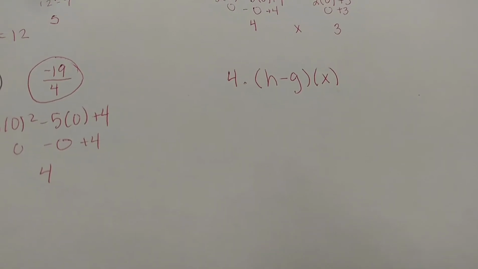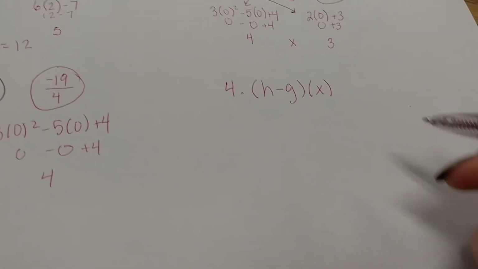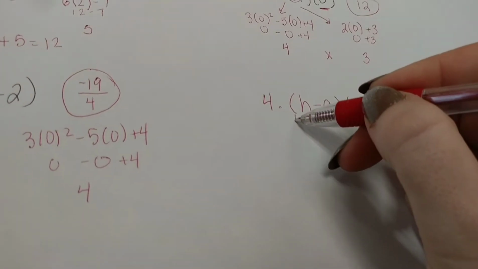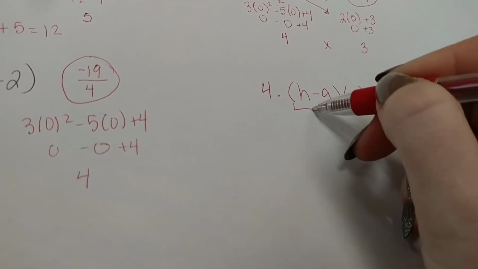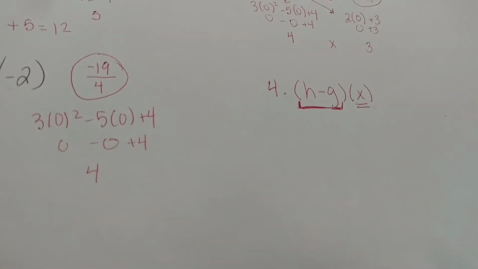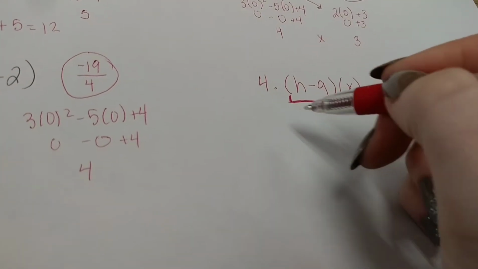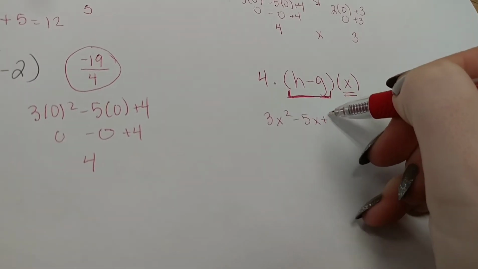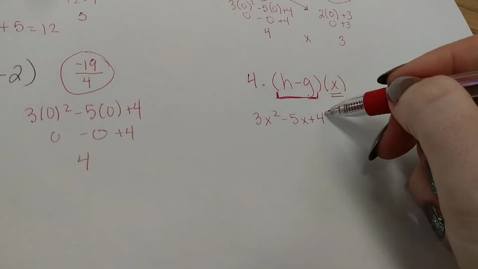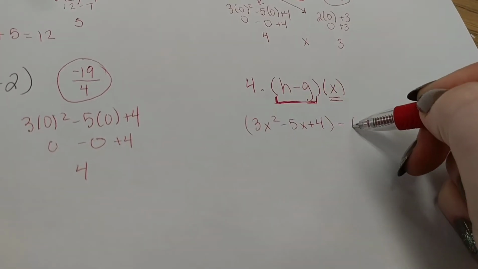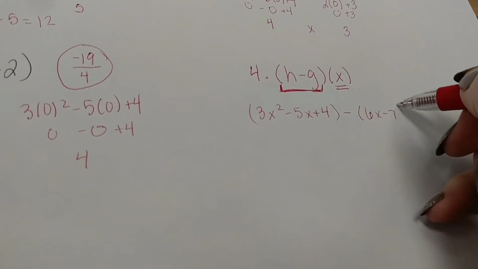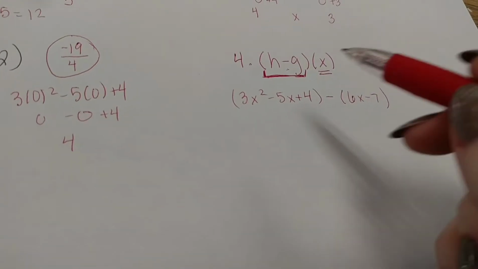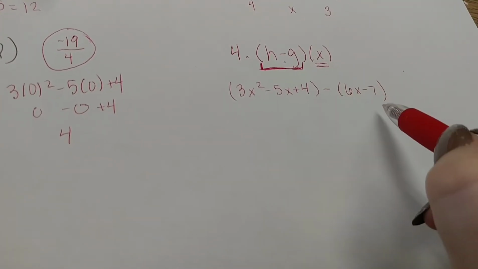Okay, another example, h minus g at x. This time we have a variable in the parentheses. If you have a variable, that means you must do the math first. A little bit of an extra step, but not so much. So we're going to go to h. In this case, h is 3x squared minus 5x plus 4. g is 6x minus 7. You're going to subtract them because it says so right here. And this is just back to 6th grade, combining like terms.